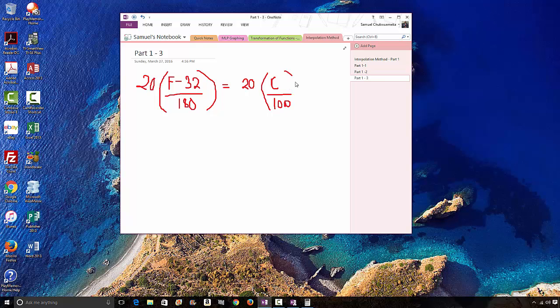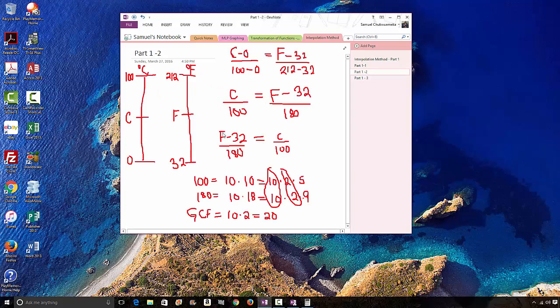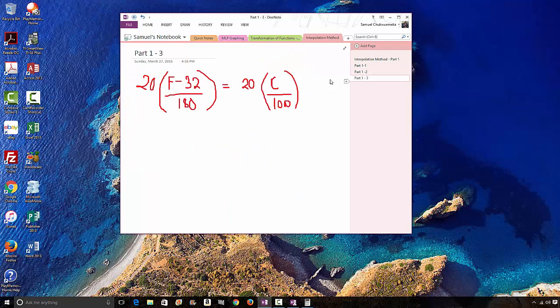Imagine if this was just the formula here. You would be working with 180 and 100. When you could easily simplify it, make your life easier and work with simple numbers. So 20 into 20 is 1, 20 into 180 is 9, 20 into 20 is 1, and 20 into 100 is 5.